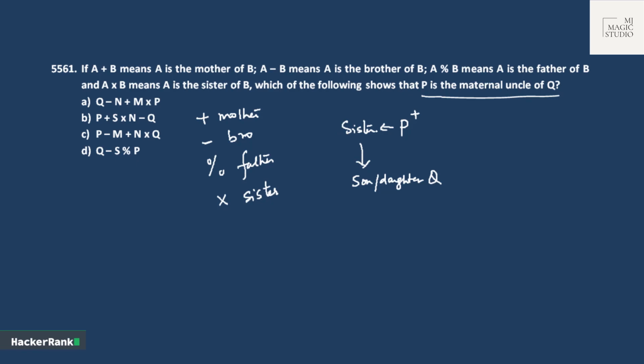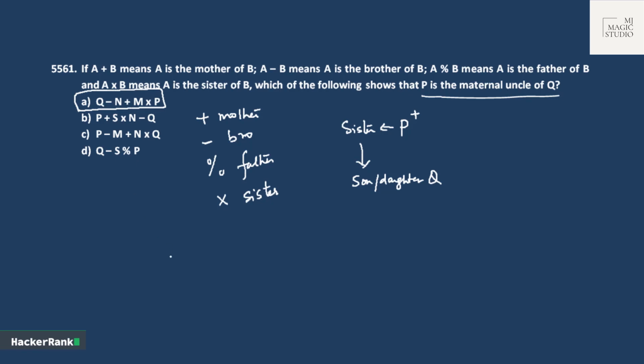So there should be someone who is sister of P. If this is X, then X into P: X is sister of P. I will explore this option first.